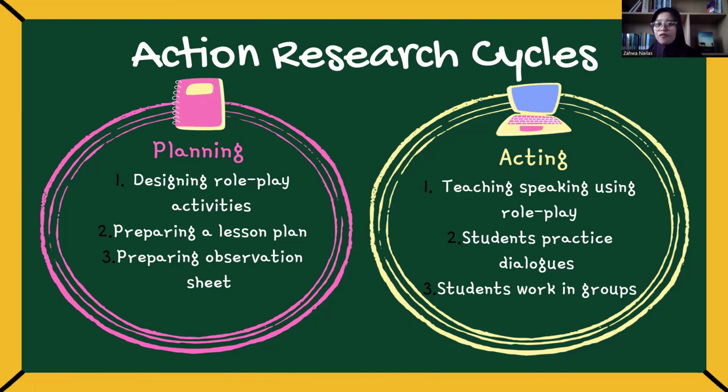In this planning, of course, we have to create role play activities to make it fun. We need a lesson plan to make it clear from the first until the end, and an observation set to know how to apply these activities.